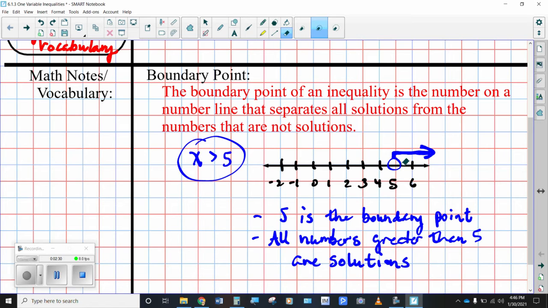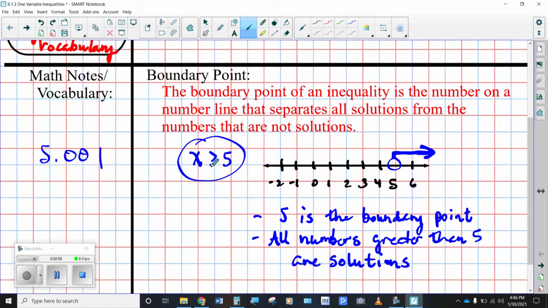So it's impossible for us to figure out what the lowest number would be that would be a solution because of the nature of the infinite number of decimal places that you have. So we just circle the 5, and we just accept that anything greater than 5 is going to be a solution. So you pick a number, as long as there's a 5 in the ones place and something more than 0 in the decimal places, and that would be on this side of the number line.